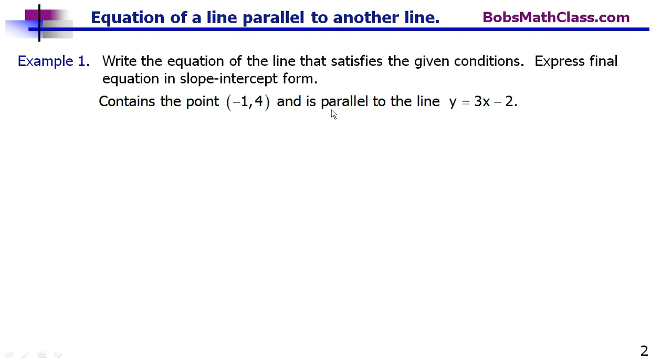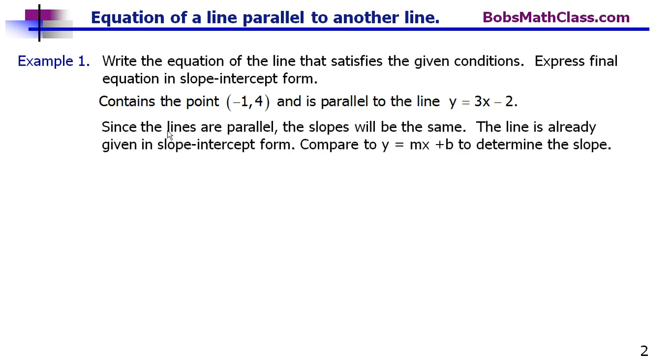Well, we don't have the slope, but we know that it's parallel to this line. Well, if it's parallel, that means that the slopes are the same. Well, what's the slope of this line right here? It's already in slope-intercept form. So, let's see that. Since the lines are parallel, the slopes will be the same.